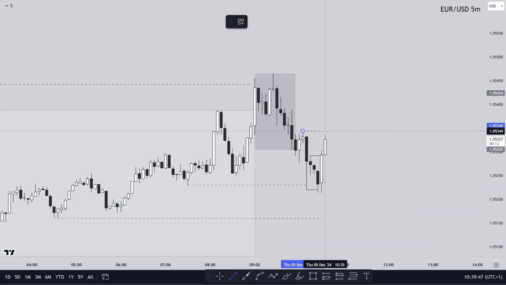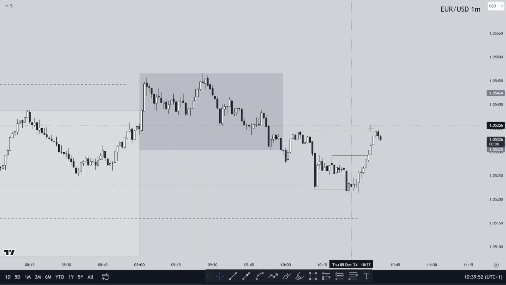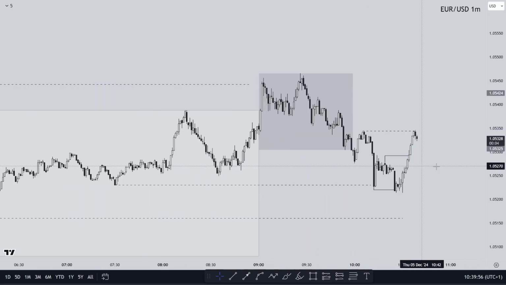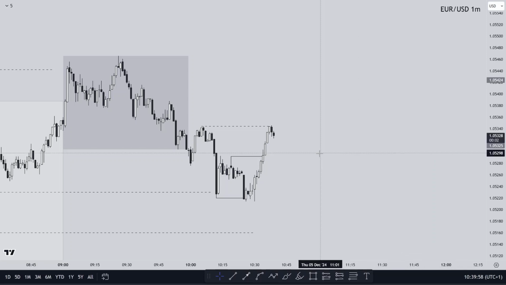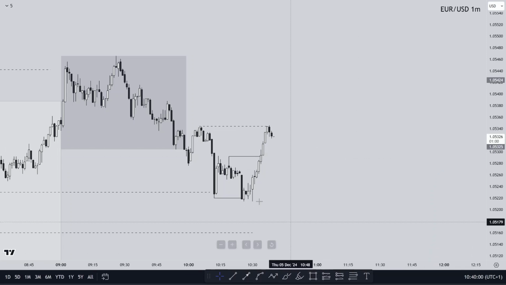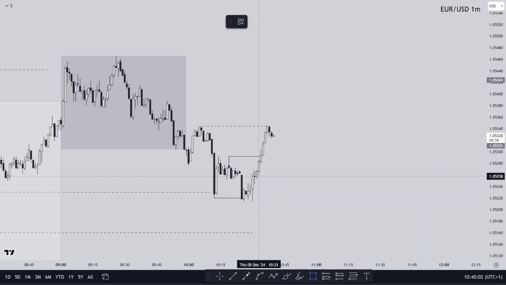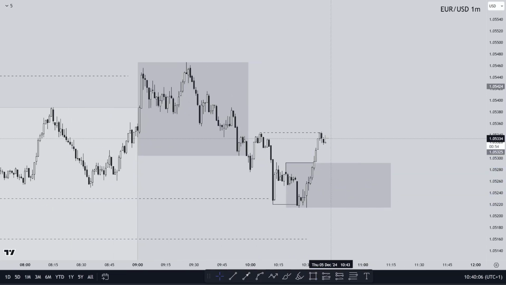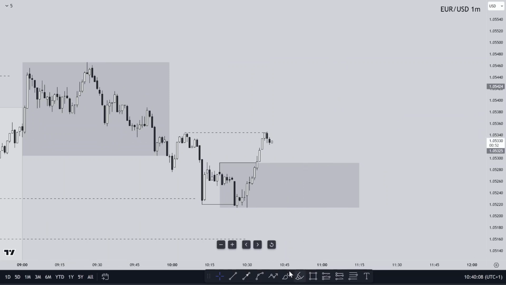Right now, price took out liquidity on this level, so I think from here a little retracement is possible. And from this level it's already possible to try a long, but I prefer to see another movement to the upside, creating another break of structure, so something like this.